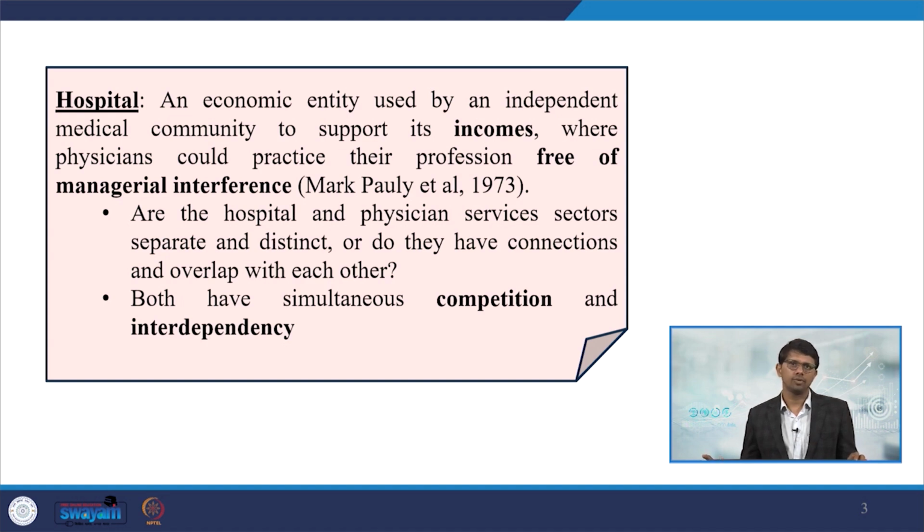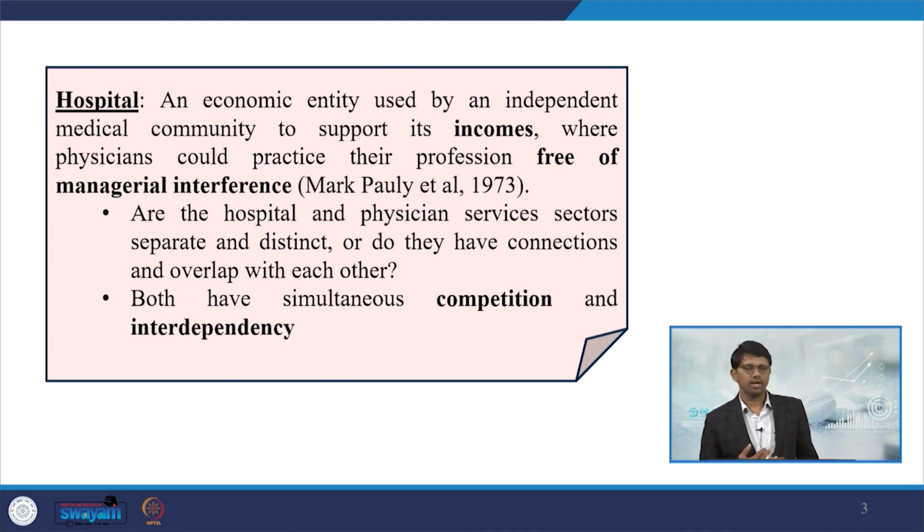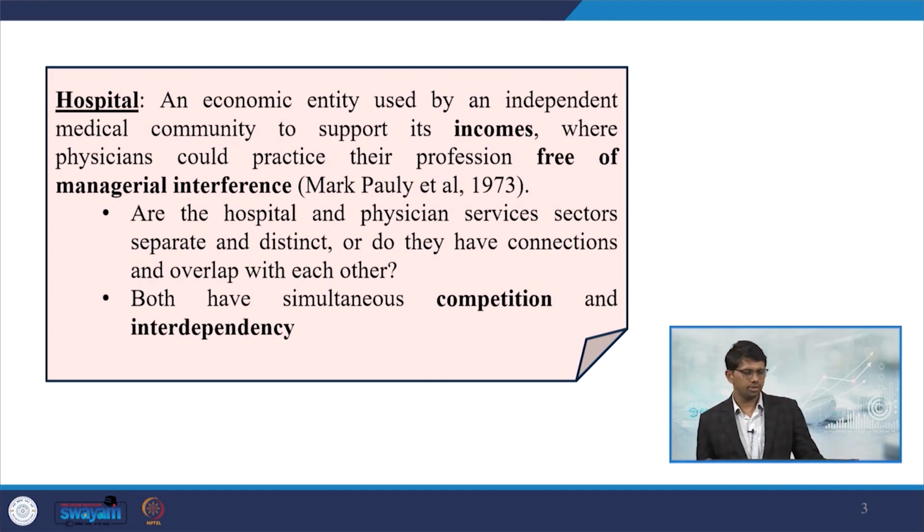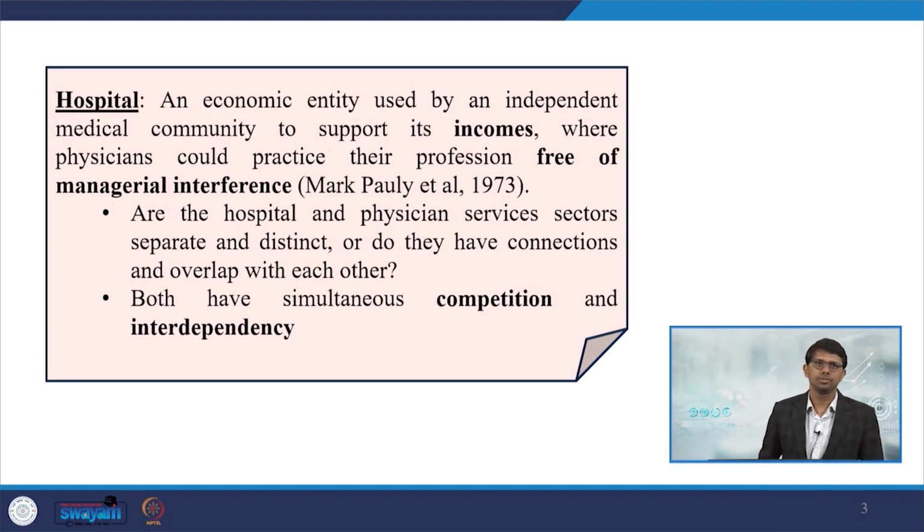and whether it is confined to only income or is related to managerial interference. Hence a definition is given. This is called an economic entity used by an independent medical community to support its income, where physicians could practice their profession free of managerial interference.